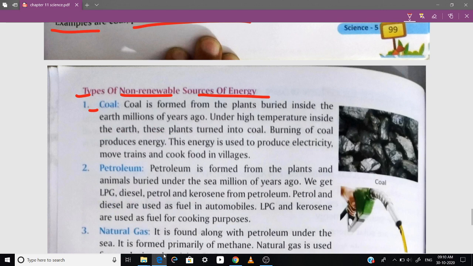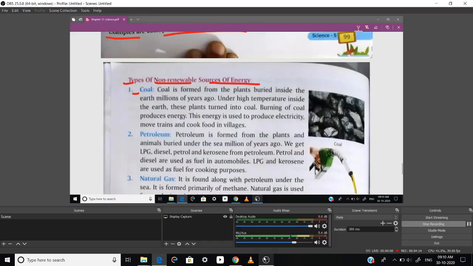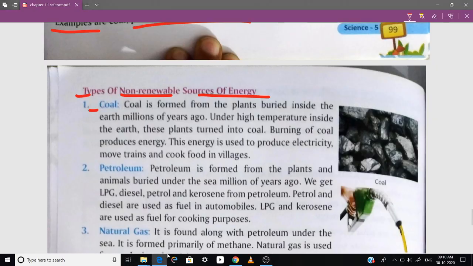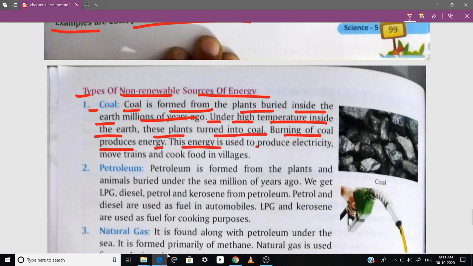Coal is formed from plants buried inside the earth millions of years ago. Under high temperature inside the earth, these plants turned into coal. Burning of coal produces energy. This energy is used to produce electricity, move trains, and cook food in villages.